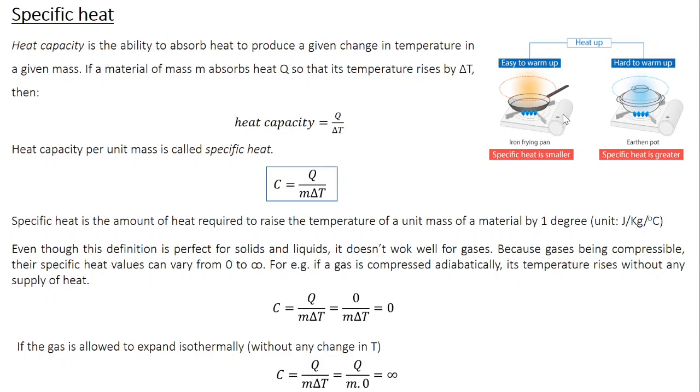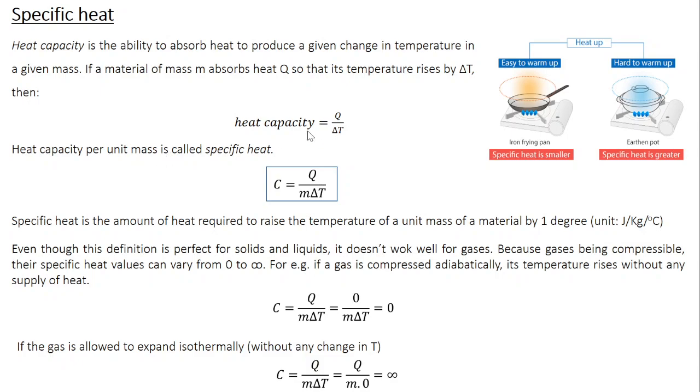Heat capacity is a material property. For different materials, you have different heat capacities. Now, specific heat is related to heat capacity. It is defined as heat capacity per unit mass.